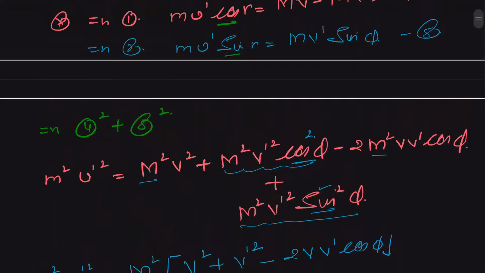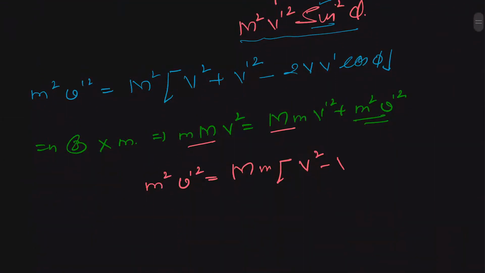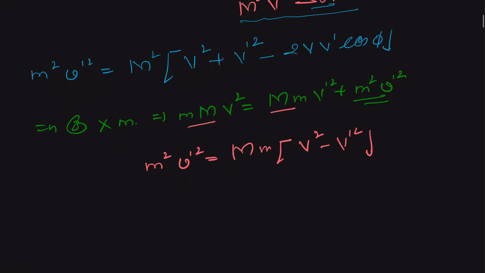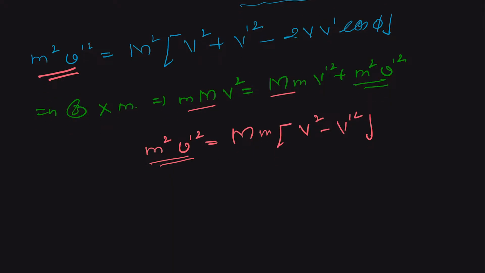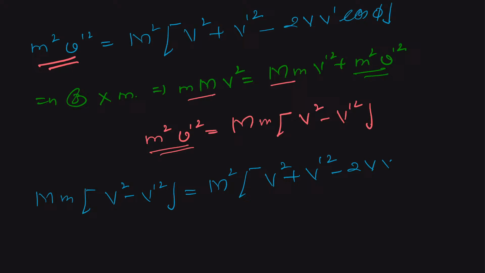So we are going to substitute it, and so we get from here m small m times v square minus v prime square is equal to m square times v square plus v prime square minus twice v v prime cos of phi.